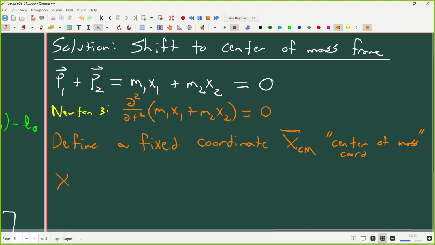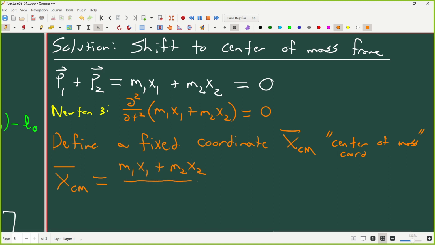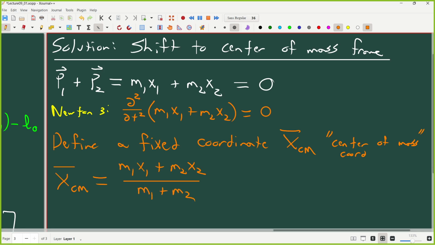XCM can be written as M1x1 plus M2x2 over the sum of the masses. This position, the center of mass of the molecule, doesn't move when I stretch the molecule. It's a fixed point. It's like a fixed reference point.